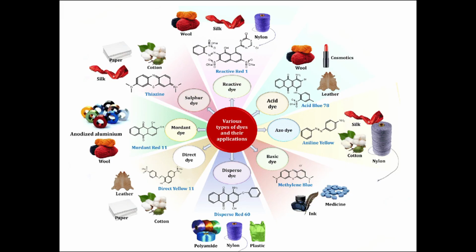So there are many dyes, that is many chromophores along with the auxochromes, which are categorized as reactive dyes, acid dyes, azo dyes, basic dyes, sulfur dyes, modern dyes, direct dyes, disperse dyes, and all these structures have chromophores, that is C double bond O, C double bond C, N double bond N, N triple bond N, etc. And there are functional groups which are attached to all the chromophores. They are called auxochromes.